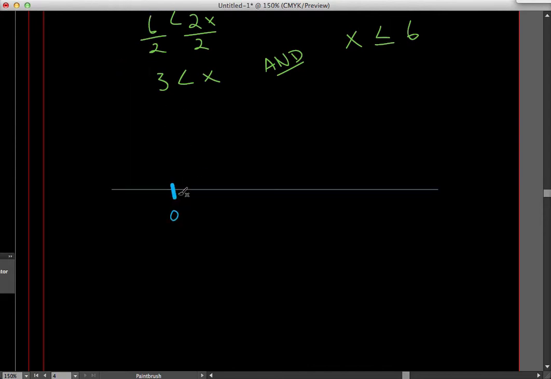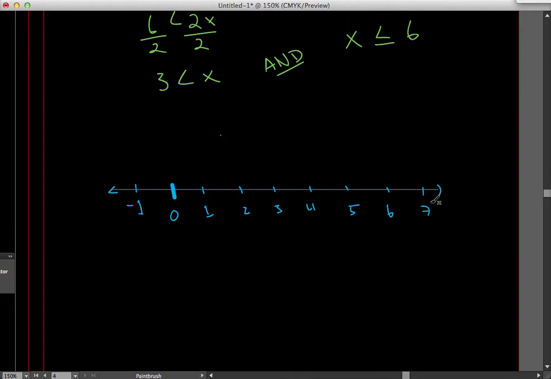So here's our 0. This line goes on for infinity in both directions. And then I'm going to start making some tick marks: 1, 2, 3, 4, 5, 6, 7. And we can even go negative just to show: 2, 3, 4, 5, 6, 7.